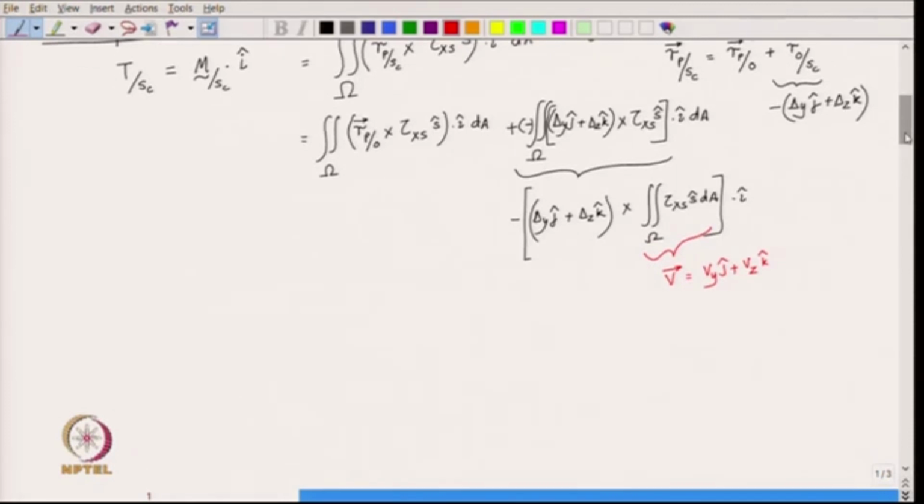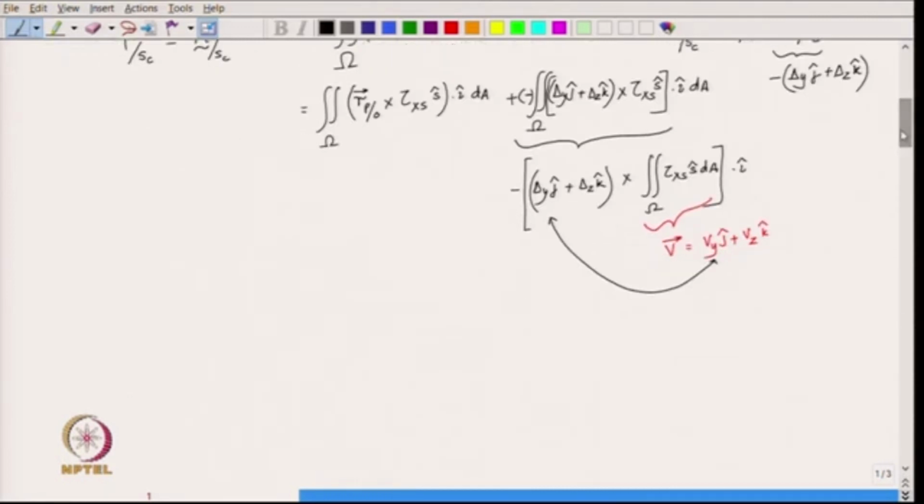All right. Now, if you further work this out, what do we get? So, we have j cross j, that is 0. So, basically this combination gives me 0. So, we have to look for cross combinations. So, j cross k is going to give me I, and then we dot with I, we get 1, and k cross j is going to give me minus I, which when dotted with I gives me minus 1.